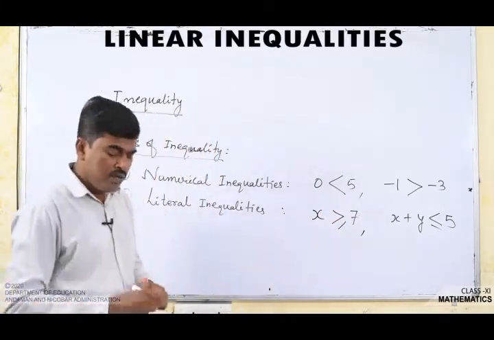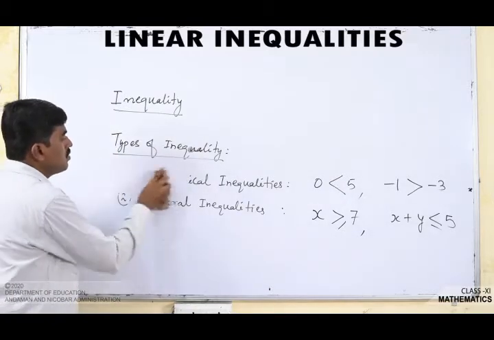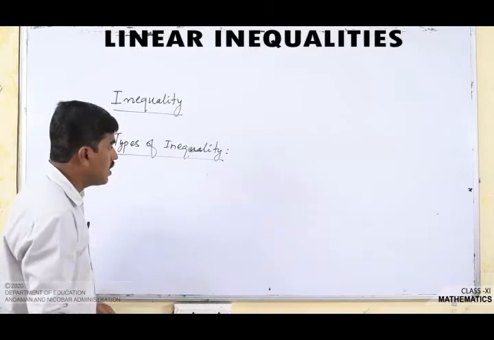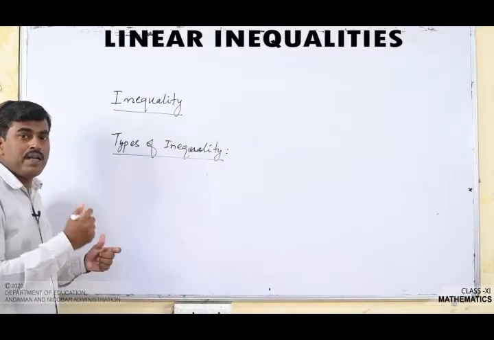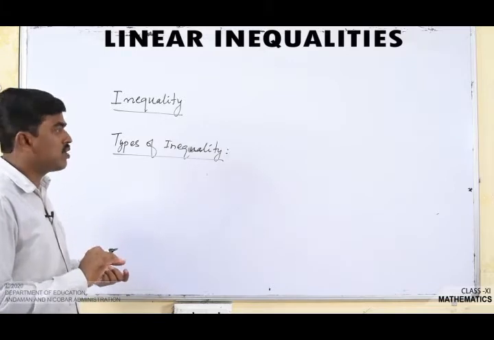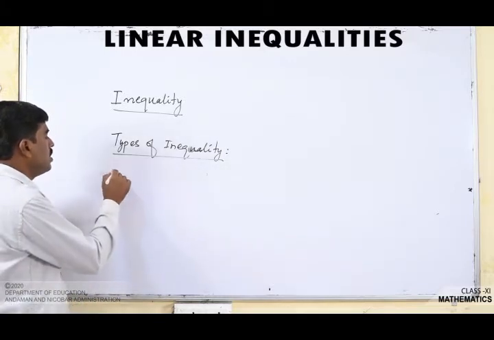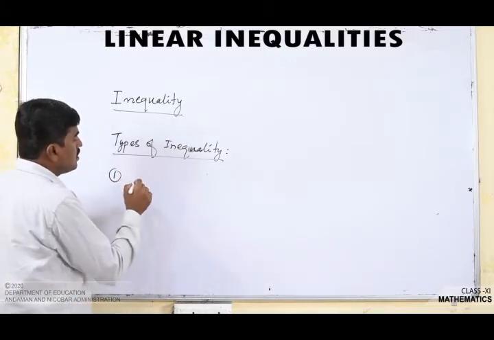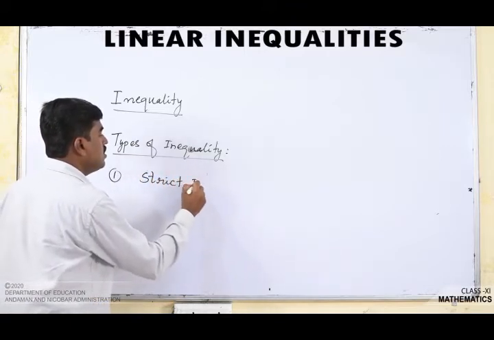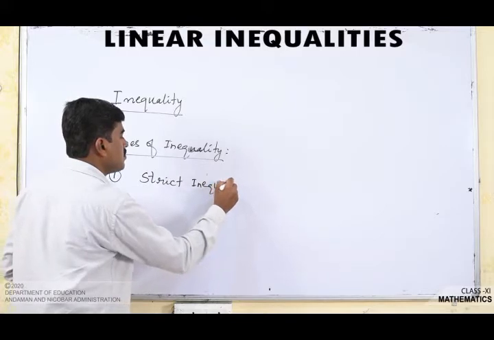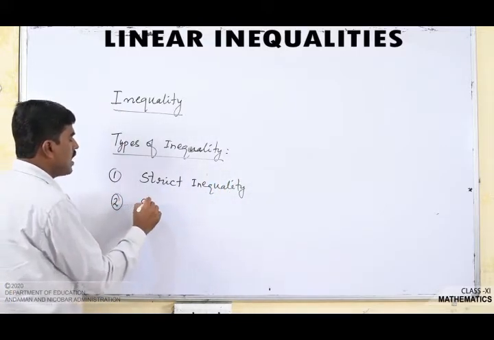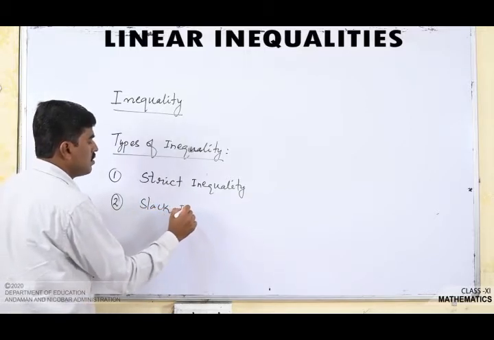Okay. Now there is one more type of inequality, and that is according to the symbol used, that is the sign used. Sign means less than, greater than, less than equals to, greater than equals to. Here the first one is strict inequality, and the second one is slack inequality.